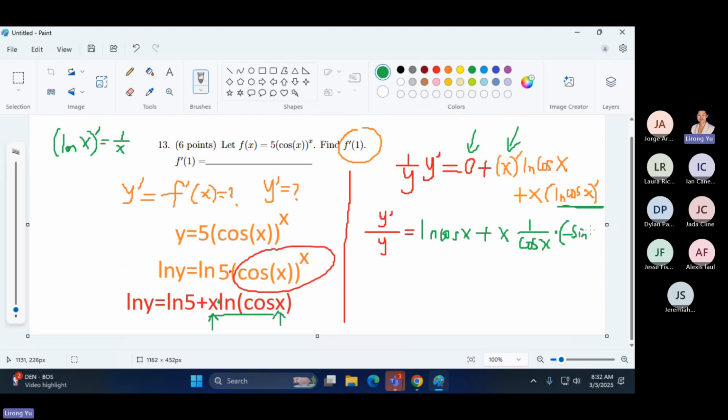The inside function is a cosine function, so you have to keep cosine when you're differentiating the outside function, and you multiply by the derivative of the inside function. That will be the negative sine. So the natural log is the outside, and the cosine is the inside. Right, because this is really natural log of cosine, so the cosine is on the inside of the log.